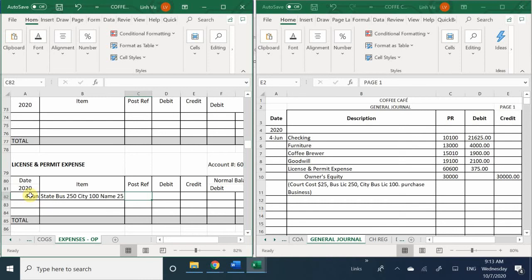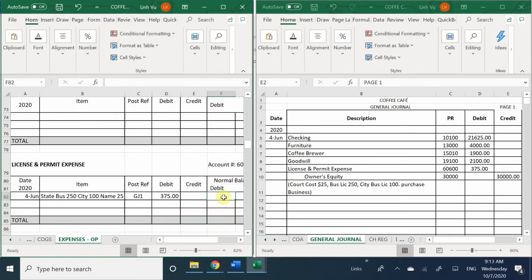Okay. Post reference again is General Journal number 1. Debit is going to be for $375 because that's what I have in my journal. It's an expense, so all, if not most, expenses are debited.